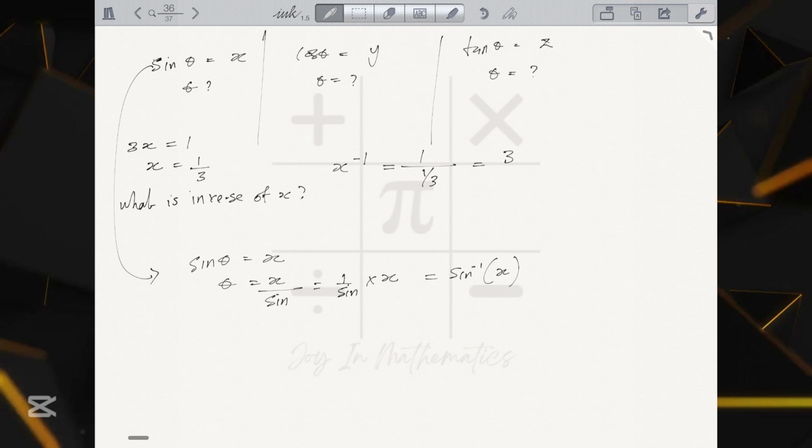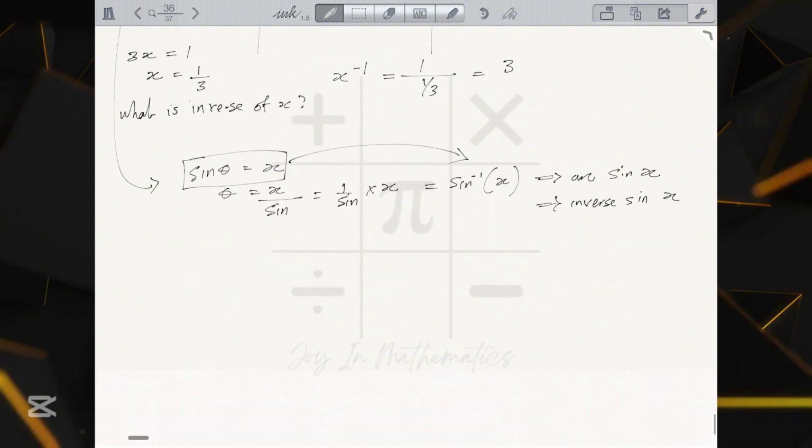So now we can see the result: when we have sine theta is equal to x, we will have arc sine of x equal to theta. Now we can call this expression arc sine x, or we can also call it inverse sine of x.